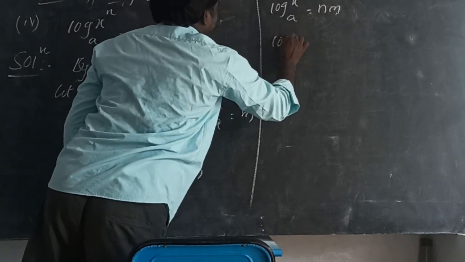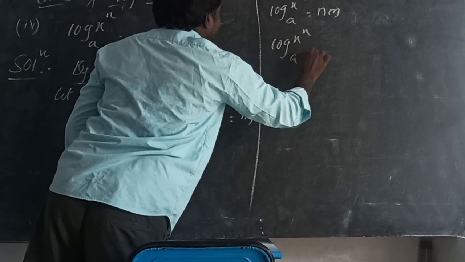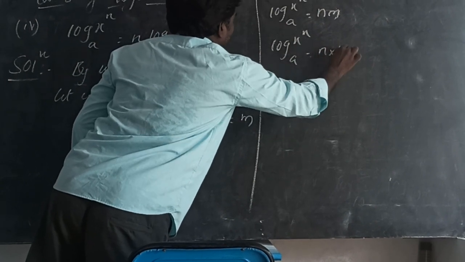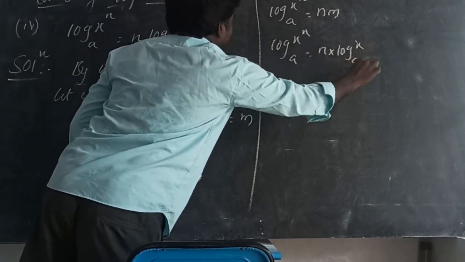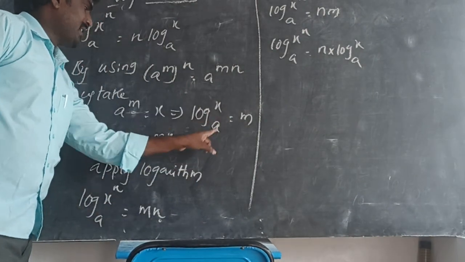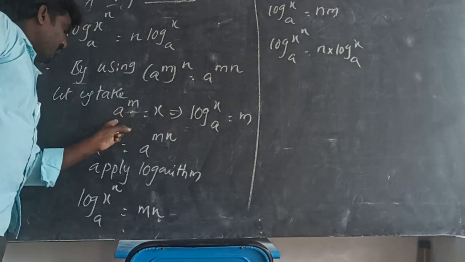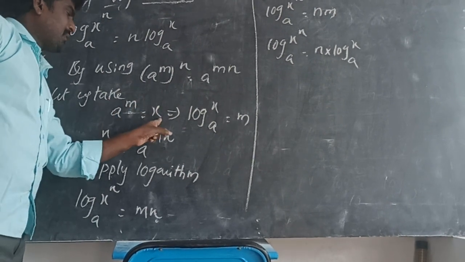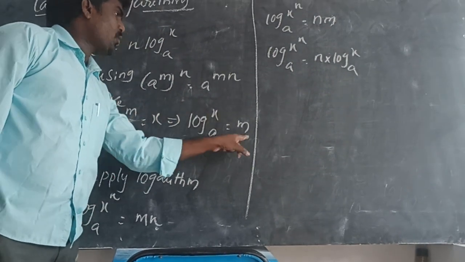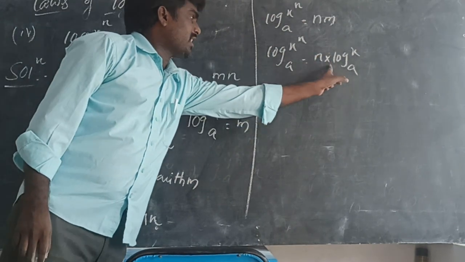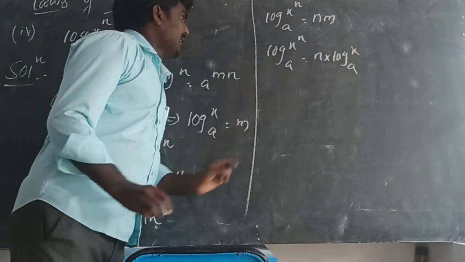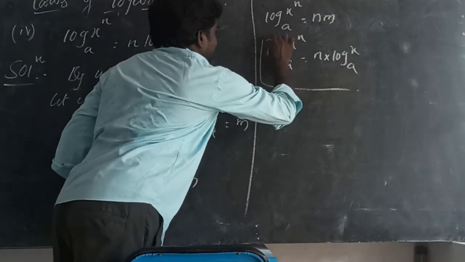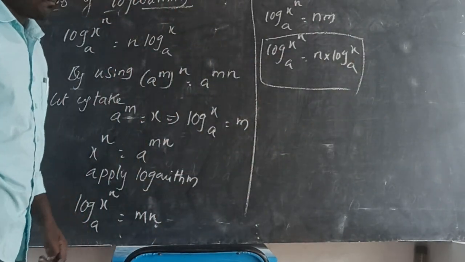So log x power n base a is equal to n into log x base a. How do we get m? By taking a power m is equal to x and applying the logarithm, log x base a is equal to m. So in the place of m we take log x base a. So log x power n base a is equal to n log x base a.